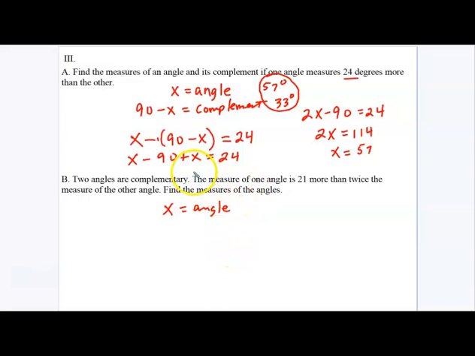And according to this, I'm just going to use this sentence to represent the other angle, the complement. The measure of one is 21 more than twice the other. And the way I represent that in math is 2x plus 21, and that's going to be the complement.